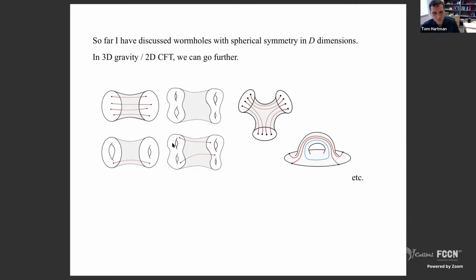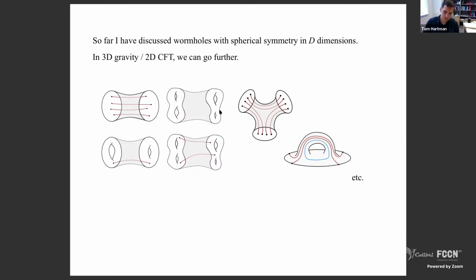So the story I want to tell now is how we can go further both in the bulk by constructing these more complicated wormholes with local sources, and also in the CFT, because now we can relate these to the standard data of a CFT.